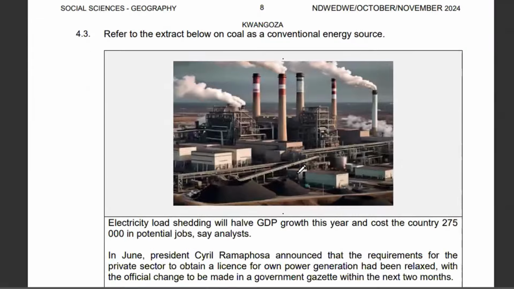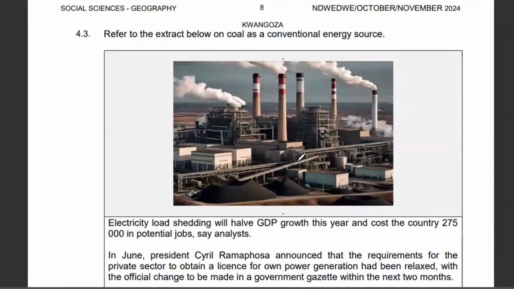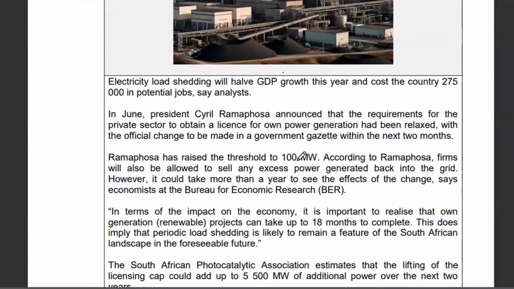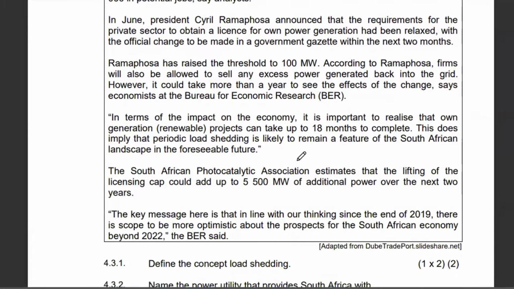Refer to the extract below on coal as a conventional energy source. Here we have the source: electricity load shedding will cost GDP growth this year and the country potential jobs, says the analysis.